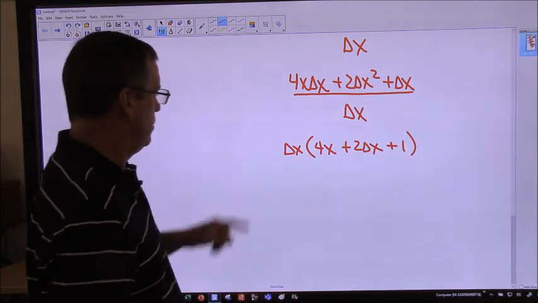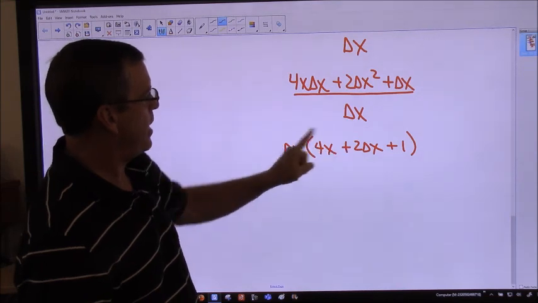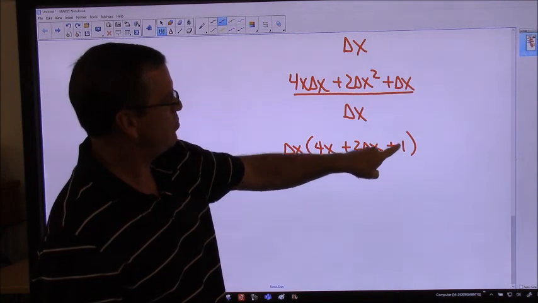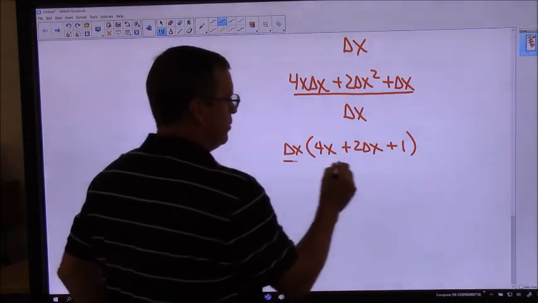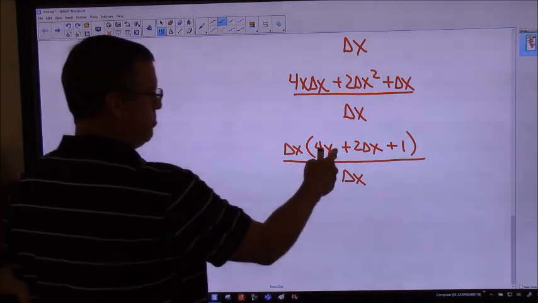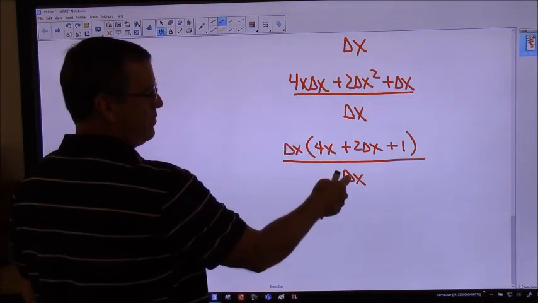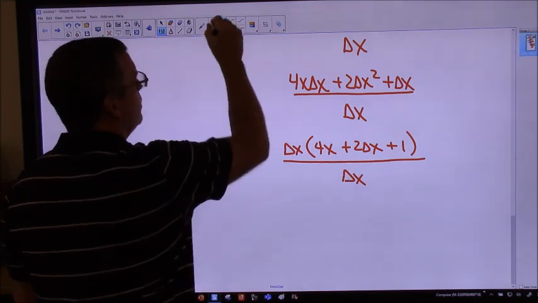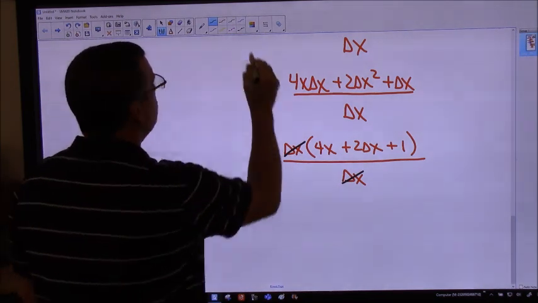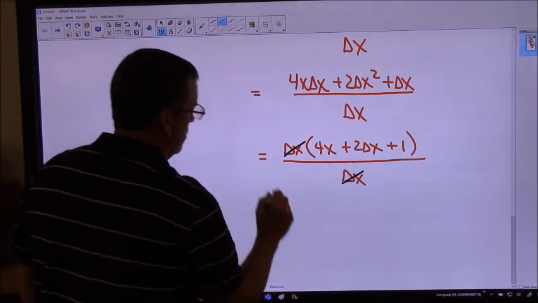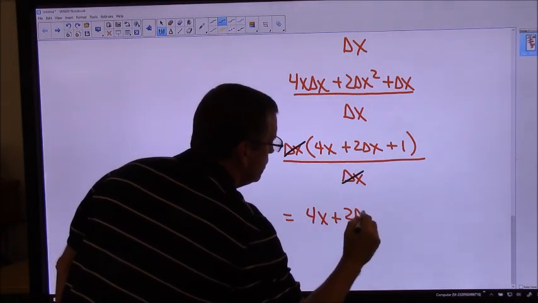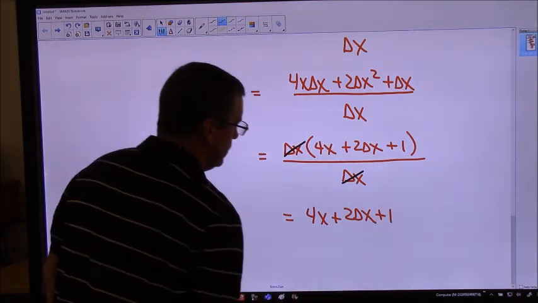Not 0. Because remember, when I distribute this back, I have to end up with the same thing up here. So delta x times 1 would give me that delta x term. Now if you take an expression and multiply it by something and then turn right around and divide it by that, you come right back to the same thing. So we could just say that that divided by that is 1, therefore it cancels. And so now my final answer is 4x plus 2 delta x plus 1.